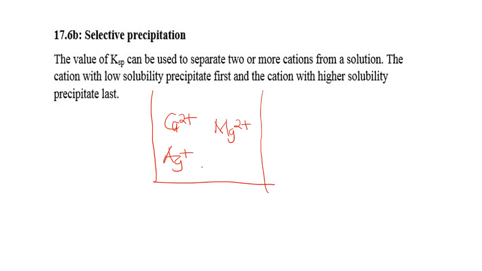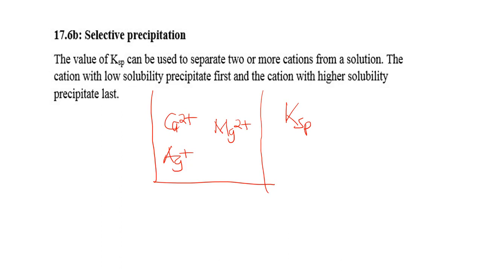So what you want to do is to collect each of these ions one by one. To do that, you can use the KSPs and the solubility equations to determine which one will come out first, or which one is the most soluble.